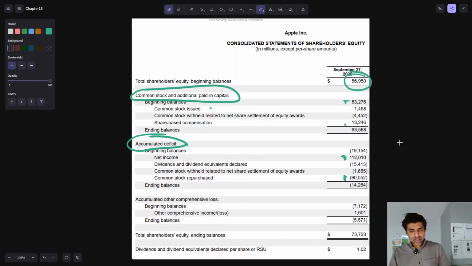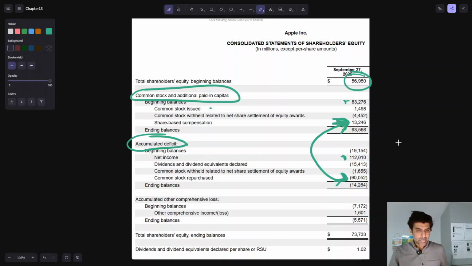And you can compare these two and see that actually, how much stock they're giving to their employees is less than the value of what they're buying back. So they are net giving money back to the shareholders, the actual financial investors. Okay.